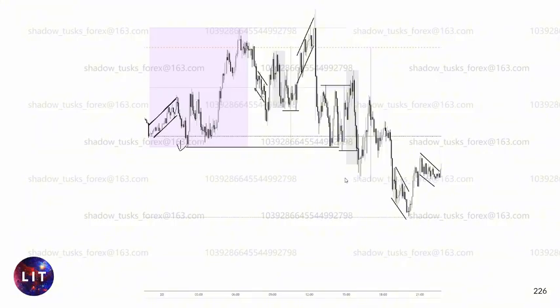Again, so obviously we have our up channel into what vectors to the downside, come down, mitigate, okay, and then again coming out of the end of Asia right here, we have our channel into vectors to the downside, into our mitigation, and then obviously price creates equal highs.